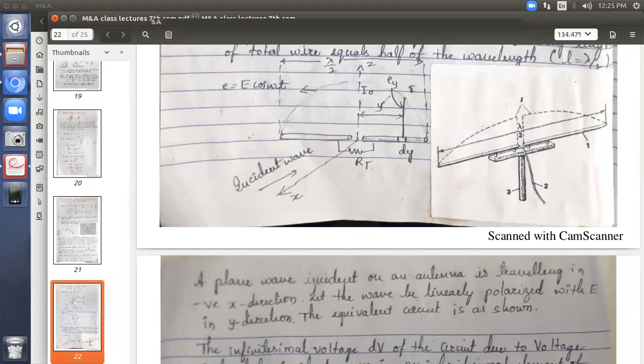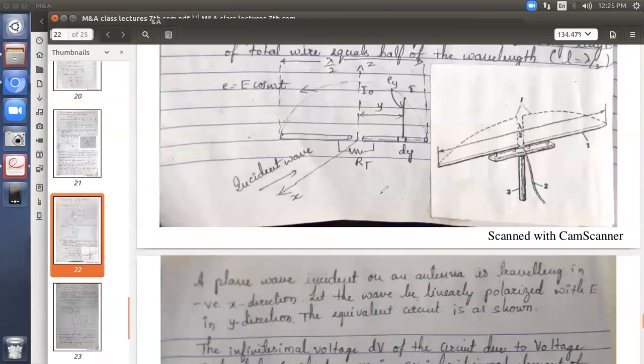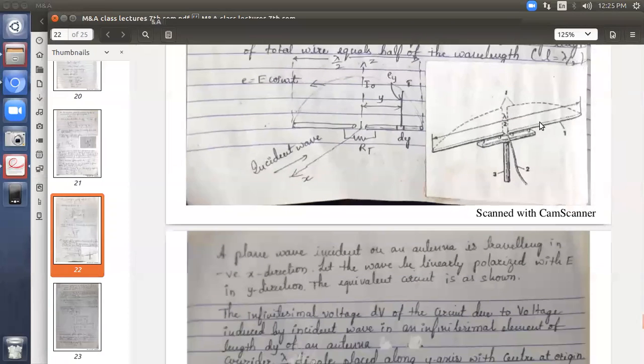Now, if you observe this figure, the small voltage dV, not for the complete circuit but only a small portion of it, is actually the voltage induced by this particular incident wave. Because the wave travels, power generation occurs due to the voltage. So voltage gets induced by this incident wave.